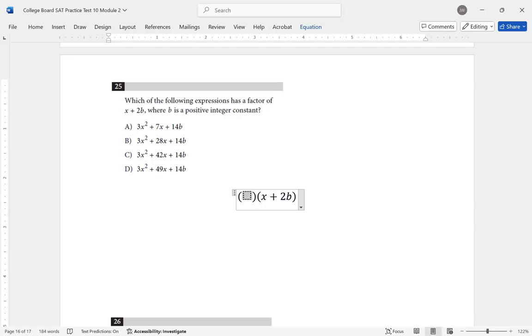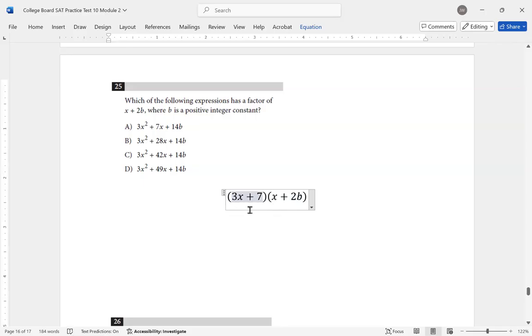That forces the other factor to be 3x plus 7. Now, why is that? Because the lead term is 3x squared. So in order to get 3x squared, I need to take 3x times x. The last term is 14b. In order to get that, I need to take 7 times 2b.